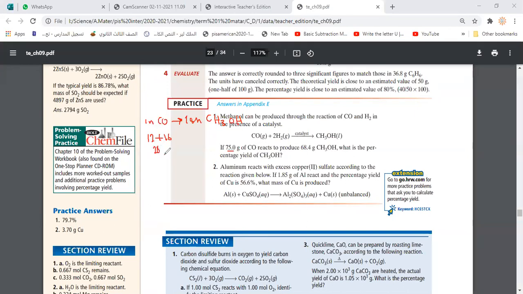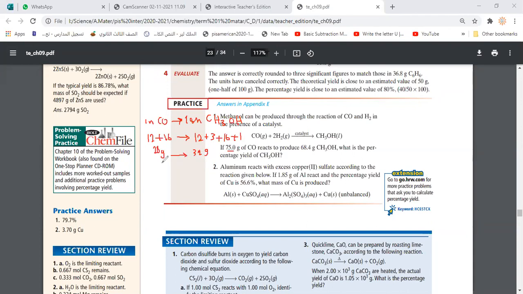Let's count the methanol. 12, plus 3 multiply 1, that means 3, plus 16, plus 1. So overall it's 32 gram. So we find that 28 gram of carbon monoxide produces 32 gram.